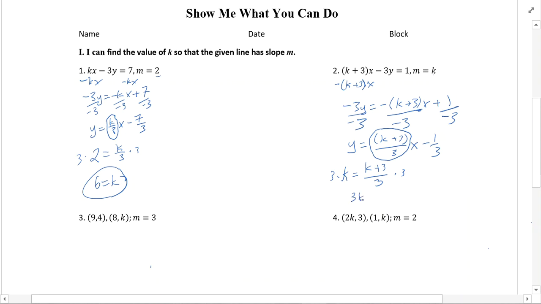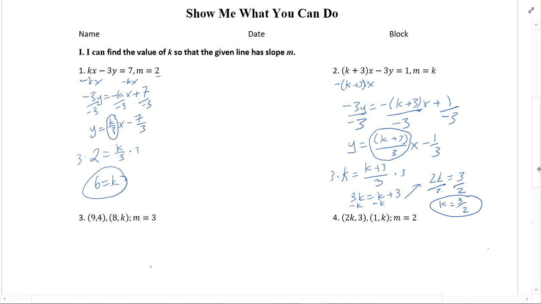So I get 3k equals k plus 3. Then I'm going to subtract k from both sides. So now I get 2k equals 3. Divide each side by 2. So I get k equals 3 over 2. So that's my answer for k.